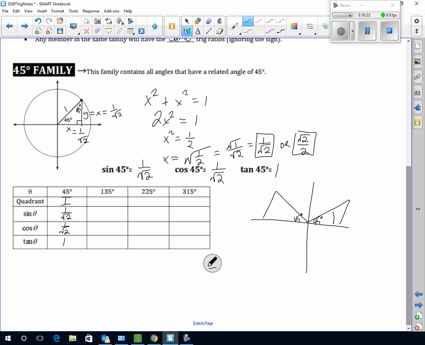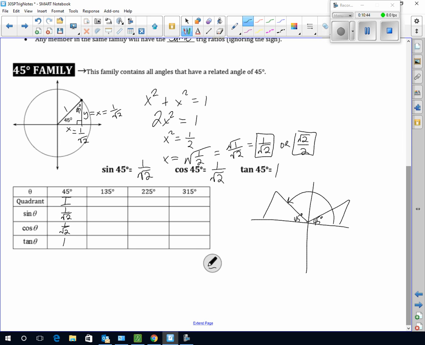135. So we learned yesterday that the ratios are the same, like this length is the same as this length. The only thing that changes might be the sign, positive or negative, depending on which quadrant it's in.